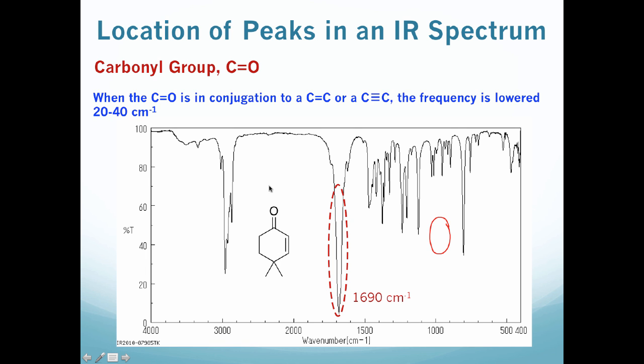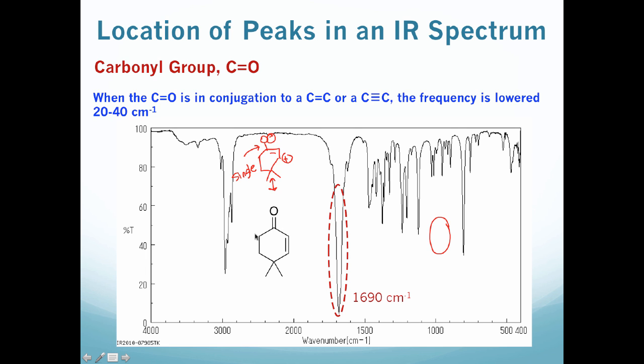And of course you can think about the resonance structure for this. Although it's a minor contributor, in the other resonance structure we have a single bond. That single bond character is what causes the stretching frequency to be lowered by 20 to 40 wave numbers.